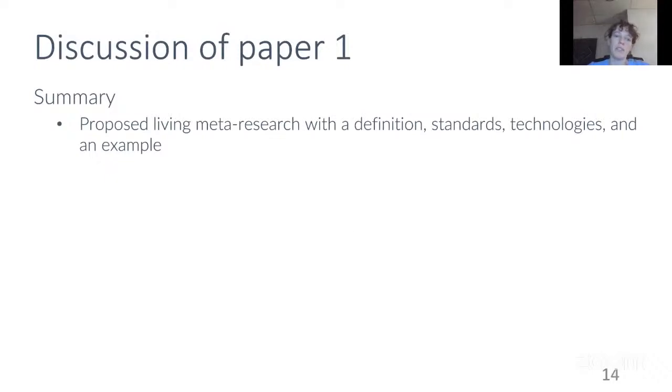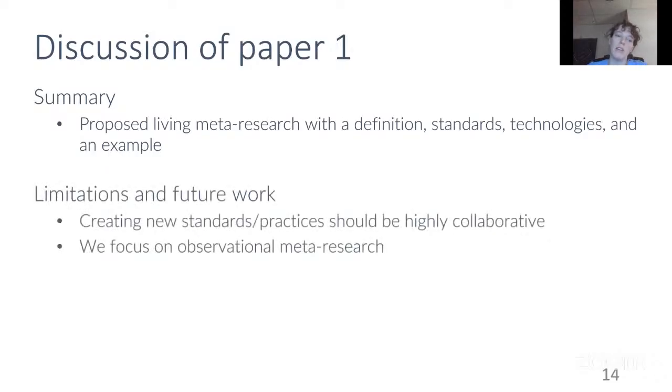So in summary, for this paper, we propose living meta-research with definition, standards, technologies, and an example. And some limitations and future directions are that we should be creating new standards and practices in a highly collaborative way. If anyone is familiar with the PRISMA collaboration, it's a diverse collaboration with scholars and different stakeholders, publishers, whatnot, who work together in order to create standards for meta-analyses and reviews.